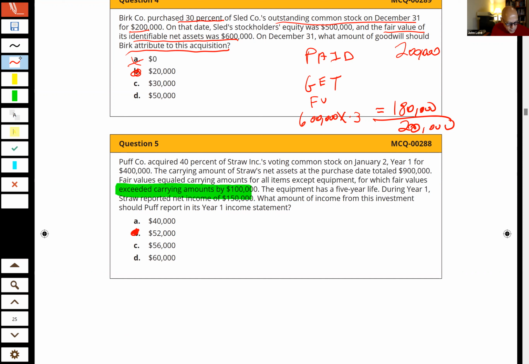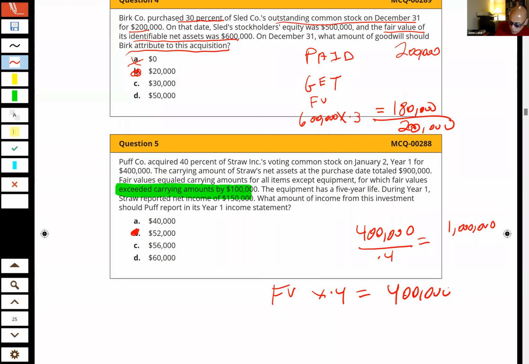I like to look at those questions and say, well, okay, 400,000 is what they paid here. And I divide that by what? 0.4. That gives me what? 1 million. In other words, the fair value of the investment times 0.4 is what they should pay, and they paid 400,000.